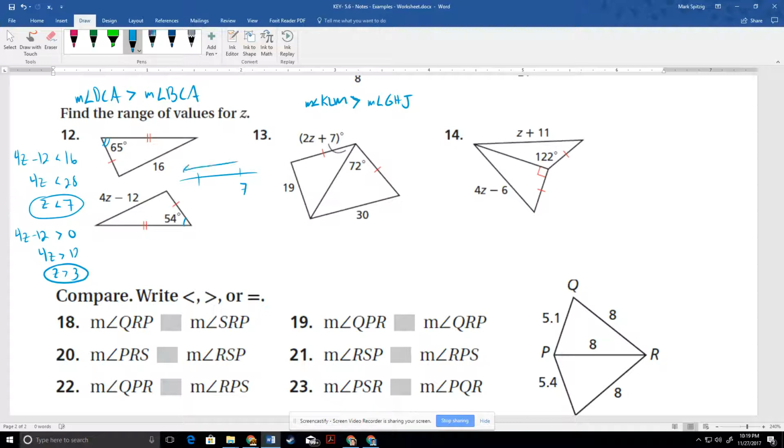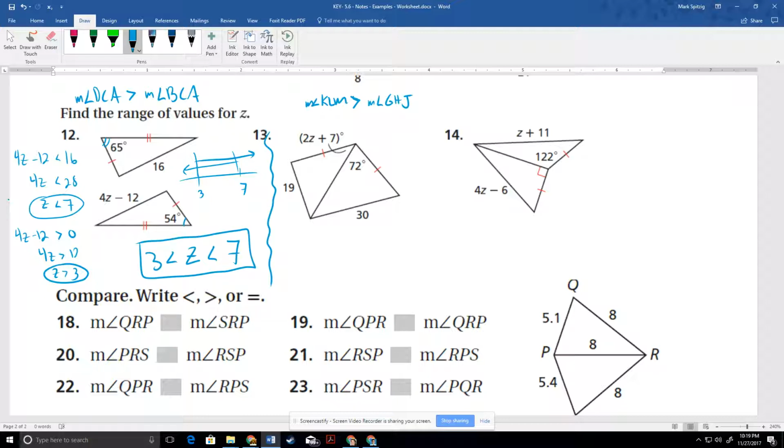It's got to be less than 7. It has to be bigger than 3. So where they overlap is between 3 and 7. But I only have 2 numbers in this case, and I don't have to really think about anything else in this particular case. So I just combine them and just say that basically z has to be between 3 and 7. So 3 is less than z, which is less than 7.